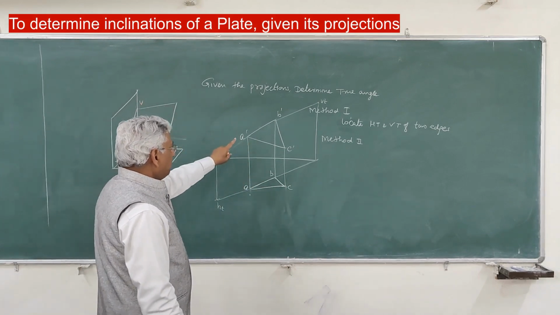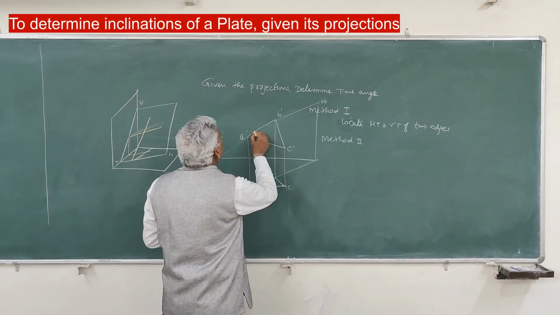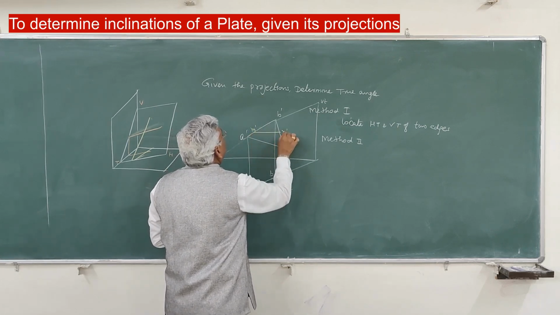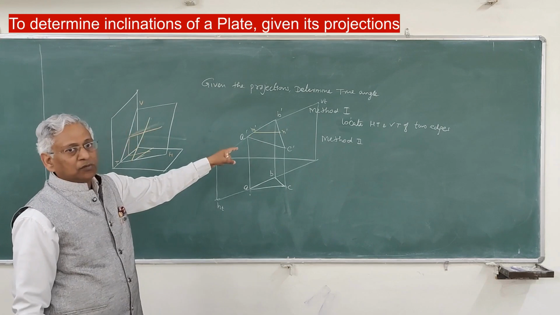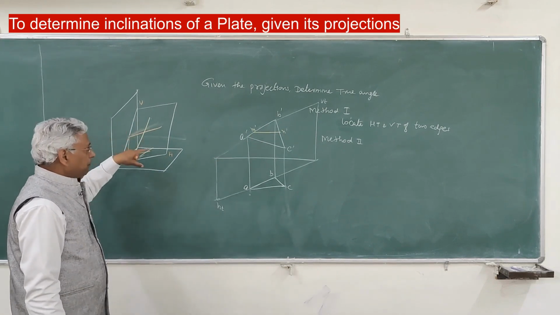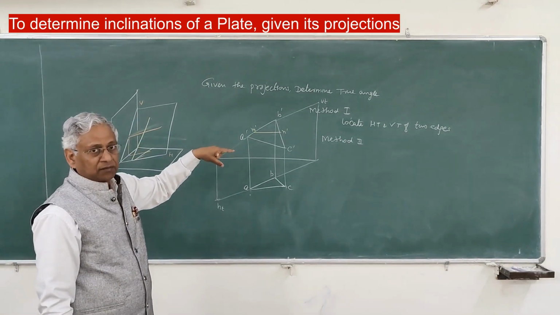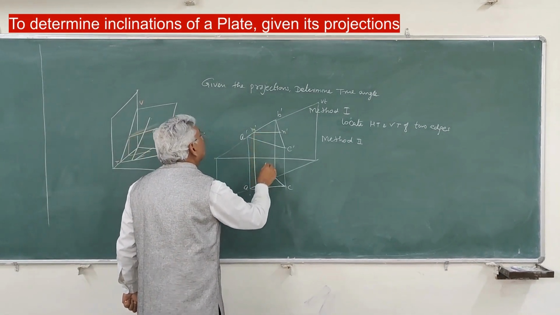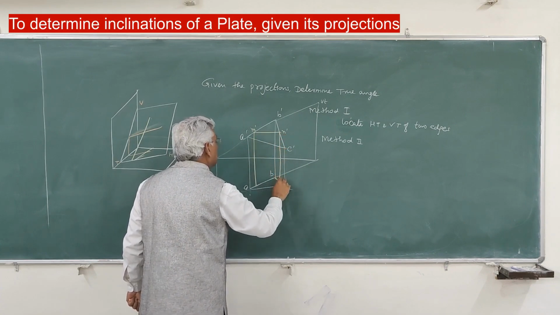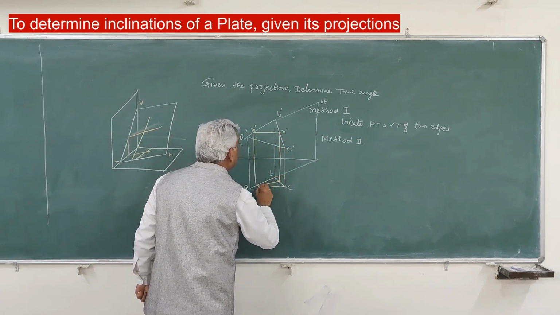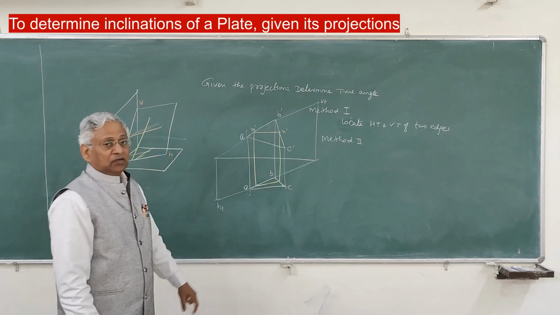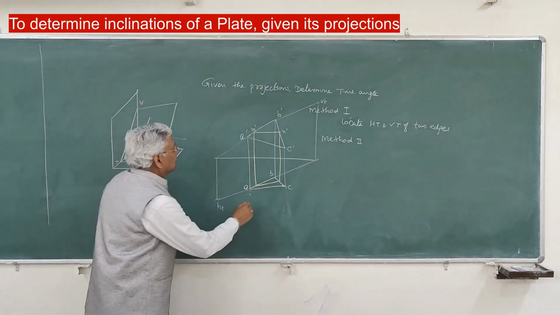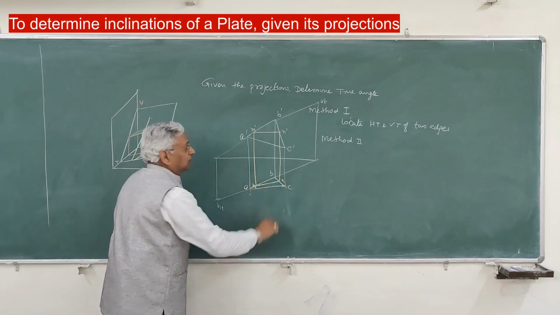So if you draw any line here in the elevation which is parallel to the ground line, then this line is parallel to the horizontal trace.